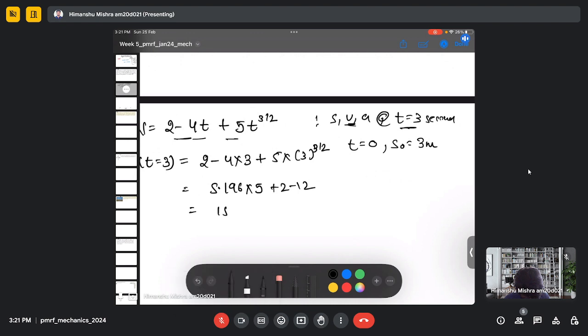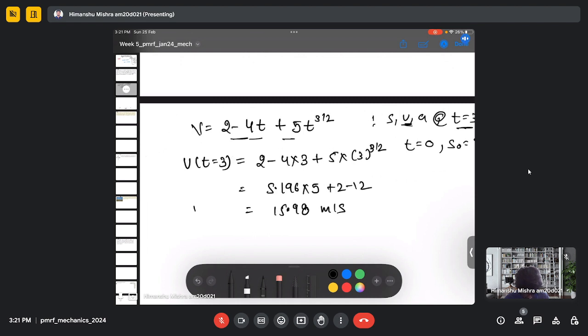So it will be 15.98 meter per second. So this is my velocity at time t equals 3.